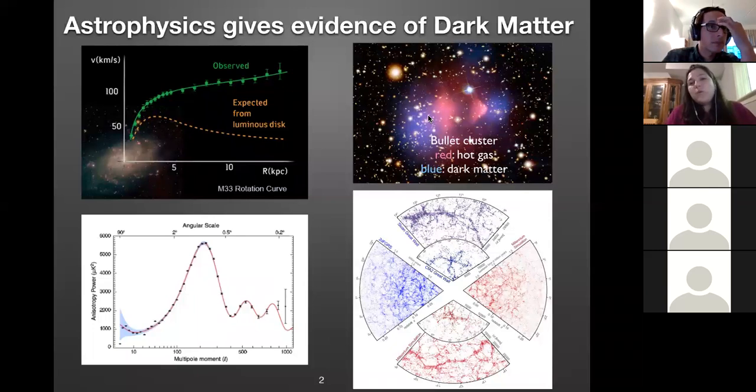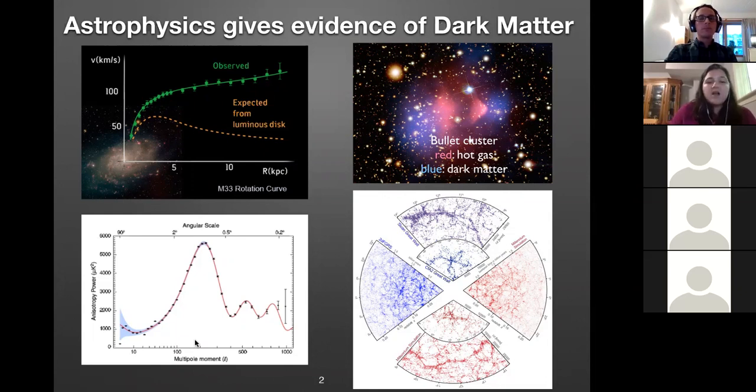Now, these are great visuals, but for more of the precision of how much we know about dark matter, we look to some other astrophysical evidence. Down in the lower left is the spectrum of the cosmic microwave background.